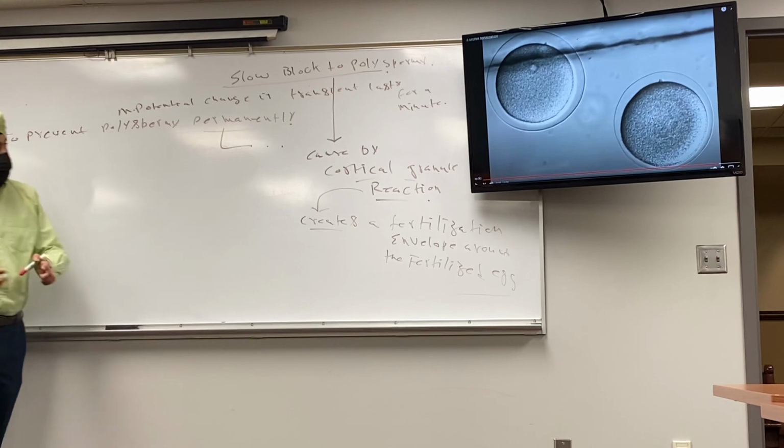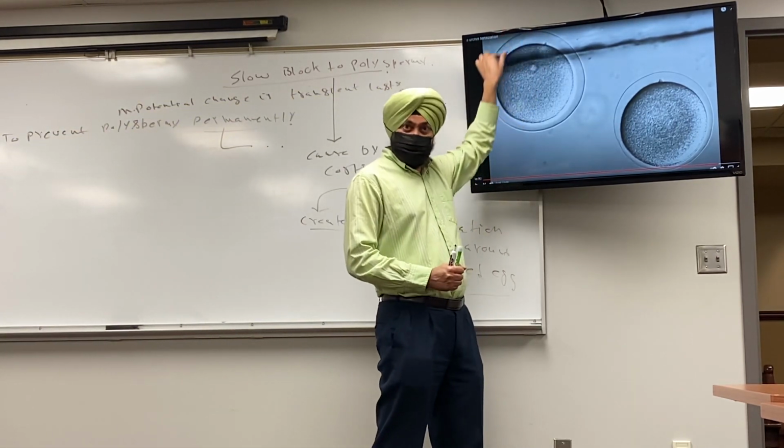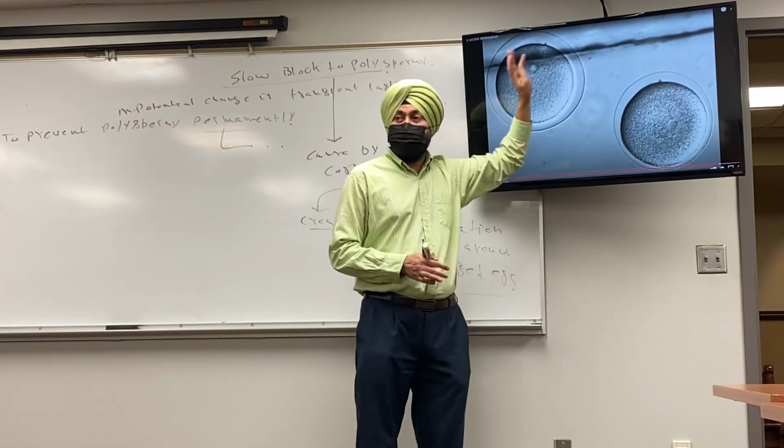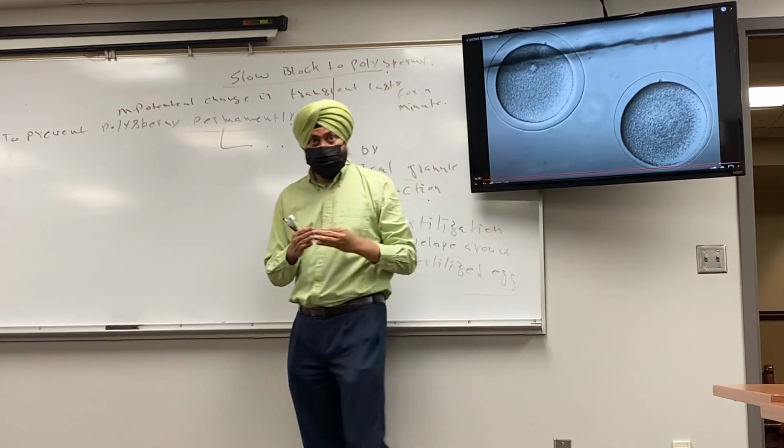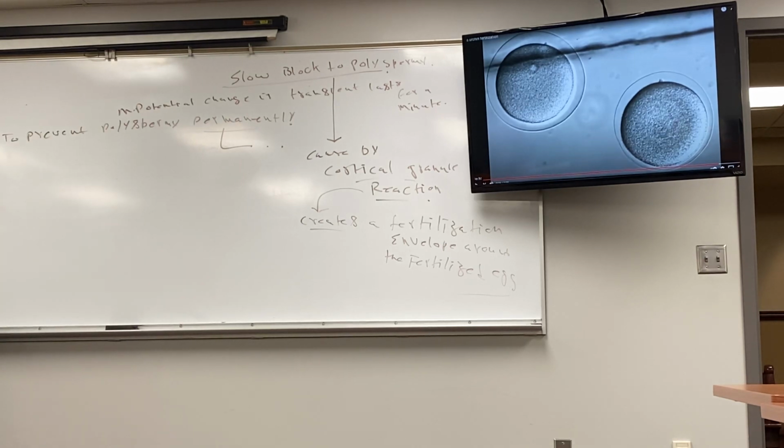Once the sperm entered, you saw that something originated from here and surrounded it. That is called the fertilization envelope. So the fertilization envelope is created. And how is that created?